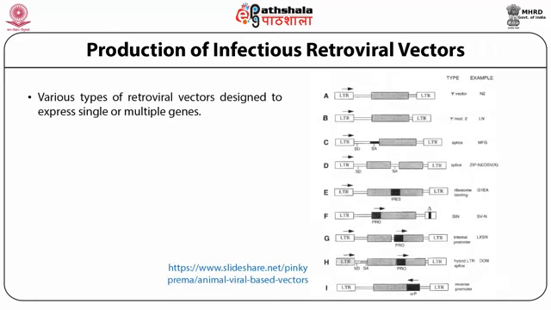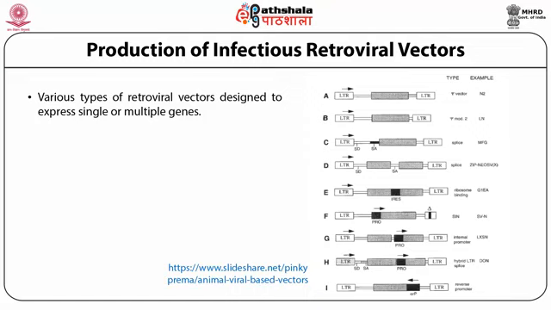Commercially, different types of viral vectors using retroviruses have been designed, expressing single or multiple genes. They are commercially available or can be produced in the laboratory, which is a very tedious and laborious job, and we need expertise while producing these types of vectors.